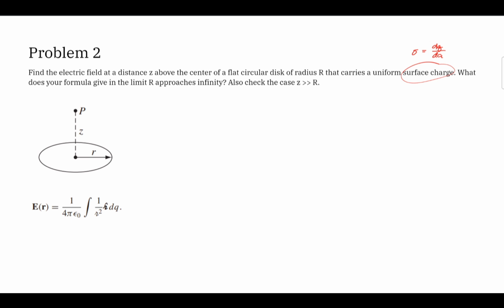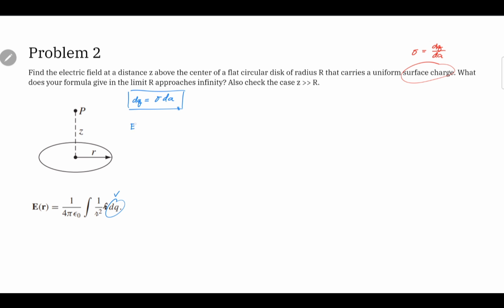Now, from that first sentence alone, we now have an expression for dq. We can now eliminate dq. Let's put a check on that. So we can have dq is equal to sigma multiplied with our infinitesimal area. Up next, we're going to try and eliminate r hat. So we're just going to do essentially the same steps that we did for problem 1 and apply it for this problem here.